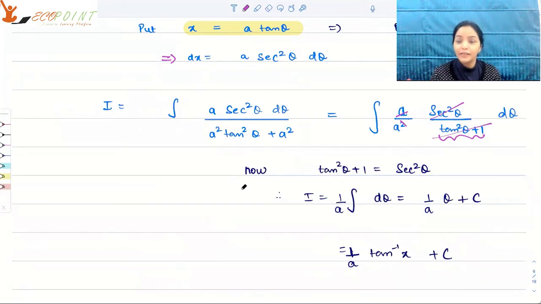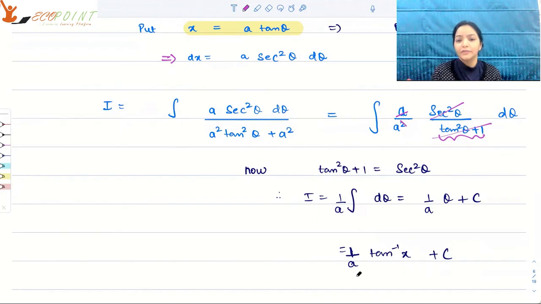Now what is theta? We've taken x equals a tan theta, so theta is basically tan inverse x by a.